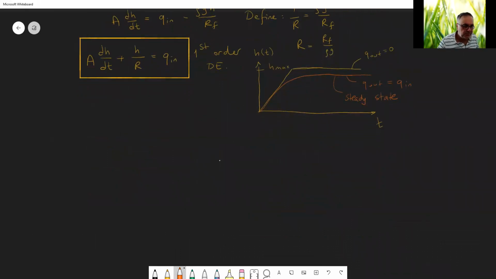And as a matter of fact, for example, this system is exactly the same as the electrical system, which is like this, okay? If this is VI, if this is VO, this is C, this is R, okay?